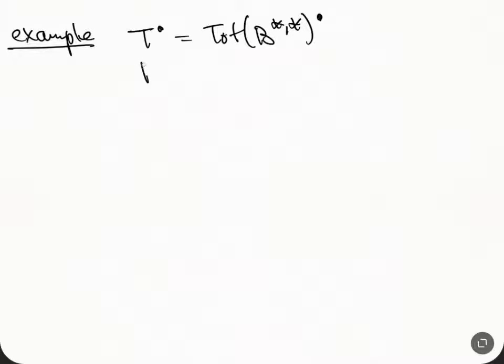Okay, so let's compute an example. So again, let T be the total complex of some double complex. Let F on T be the associated filtration induced by this stupid filtration on the double complex. And then let's just compute what the graded pieces look like.